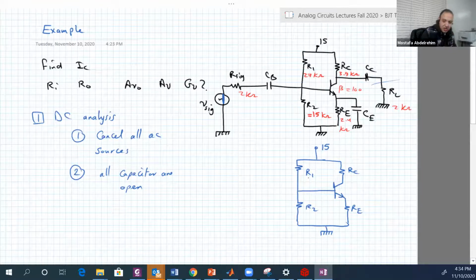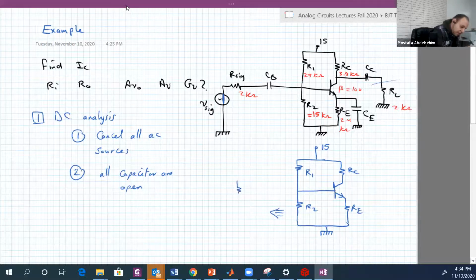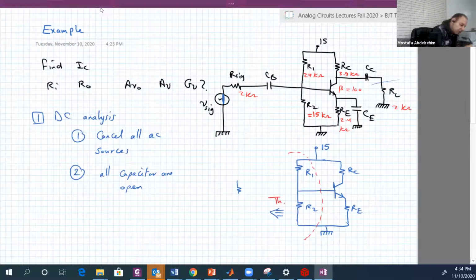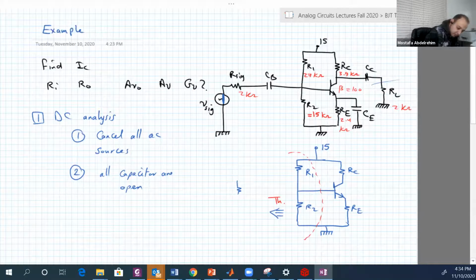Then let's solve the circuit. Basically, we're going to get the Thevenin equivalent of this part. We can replace this portion of the circuit with Thevenin. So the circuit will be something like this: RE, RC, 15.